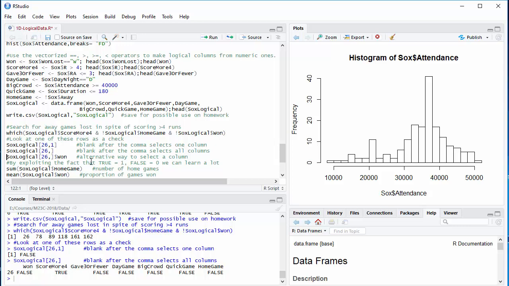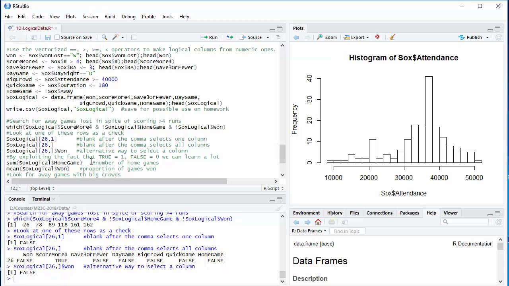Another way of getting the first entry is to use the $ syntax that selects a column from a data frame and say row 26, $1. So you can either use the number to select the first entry, or you can use the name of the column to select it.